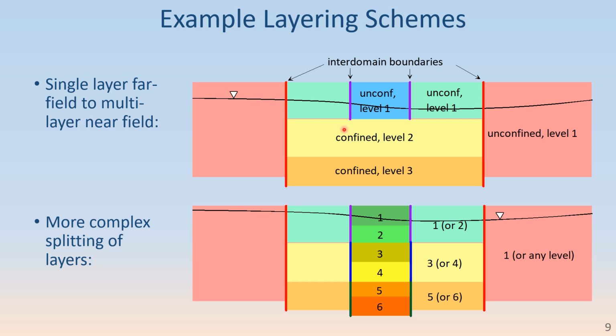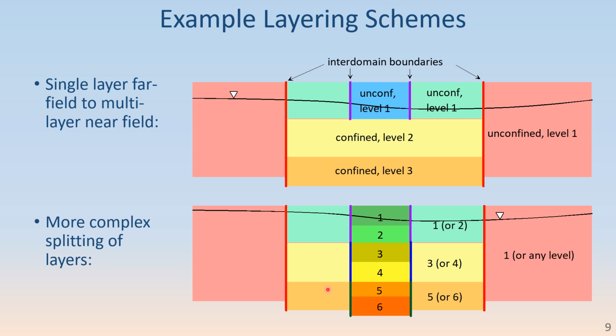In this scheme here, there's also an inner domain boundary here to allow a different domain with different properties, possibly different elevations, in the blue area compared to the green. This lower example is similar, except that in the middle part, each of the three layers here, the green, yellow, and orange, have been split using another inner domain boundary into two.